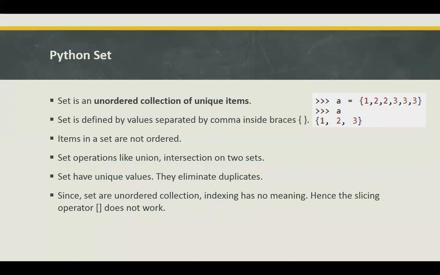It is not the case that all the data types are same. No, every data type has its own advantages and disadvantages. According to your requirement, you have to use the respective data types. Like here, the set is an unordered collection of unique items.